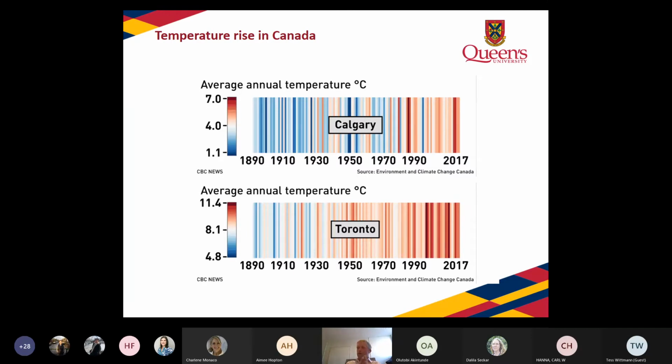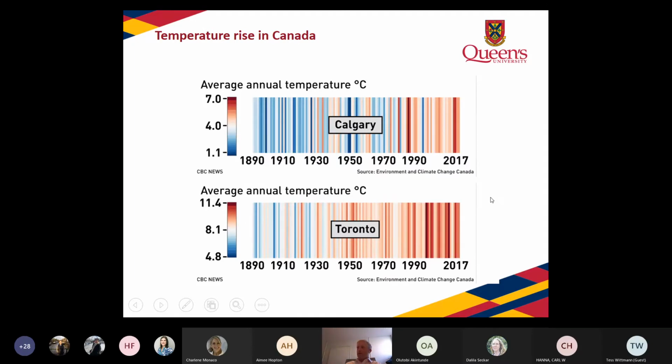But in general, you can definitely see that trend of the average annual temperature increasing. So that's the shift from the blue to red, which I found to be visually quite telling.